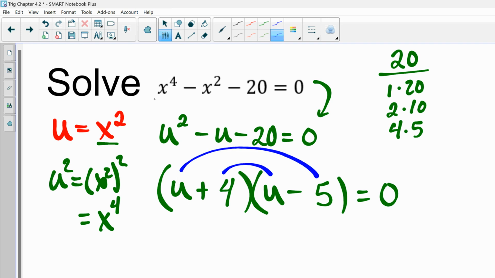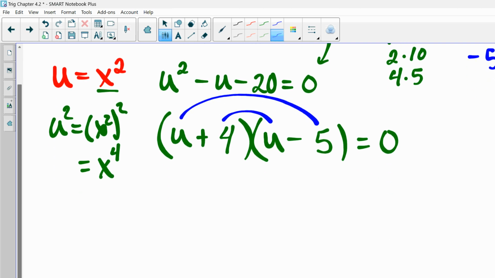And if we check this here, u times negative 5 would be negative 5u. 4 times u is going to be plus 4u, which gives us a negative u. Is that the middle term we wanted? Yeah. So it's telling us that u plus 4 and u minus 5 are the two factors. And whenever we have two or more things multiplied together to equal 0, one of them must be 0.